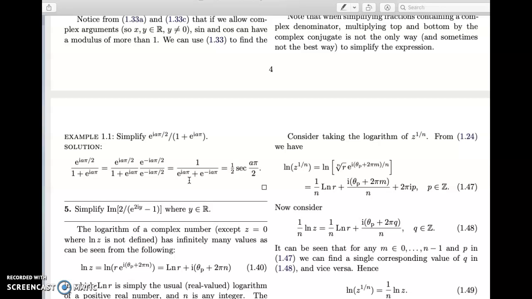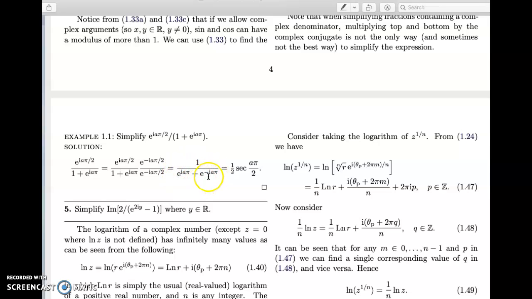I'm a little worried I've made a mistake. There's a misprint here. I've forgotten the divided by 2. It should be e to the i a pi divided by 2, shouldn't it? Yes. So that should be e to the i a pi divided by 2, and this should be divided by 2 as well.